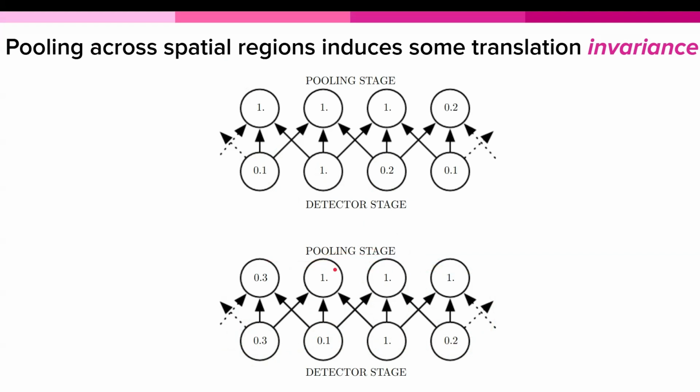This is because max pooling only cares about the maximum activation in each neighborhood, not the precise location of that maximum. This selective focus on the peak value within each region gives pooling some translational invariance, so the network is less sensitive to small displacements.